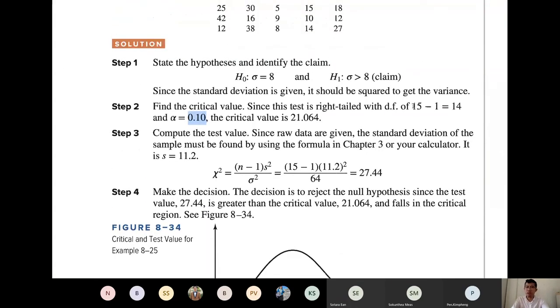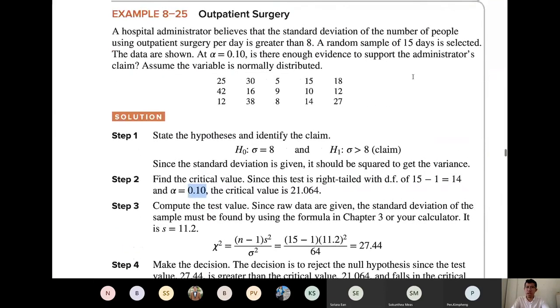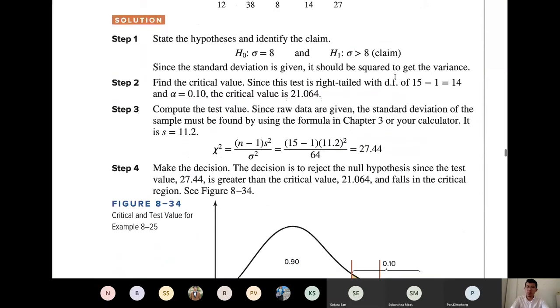The degree of freedom is 14 because we select data from 15 days. And the test is a right tail test or upper tail test, because the alternative hypothesis is greater than.